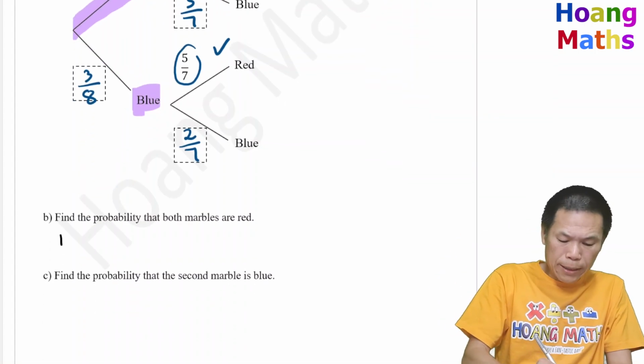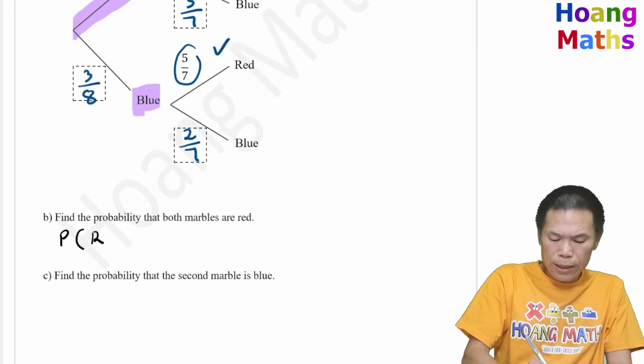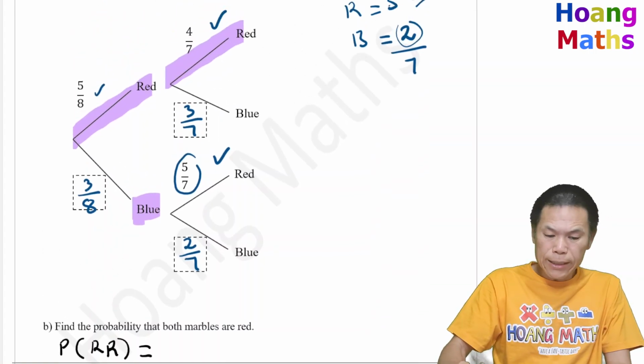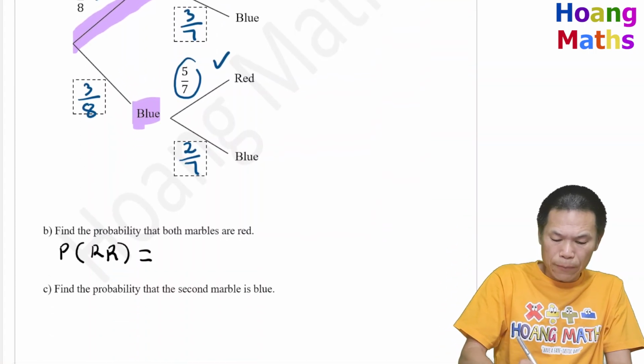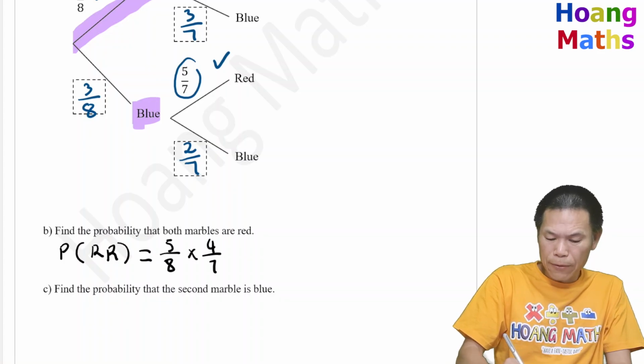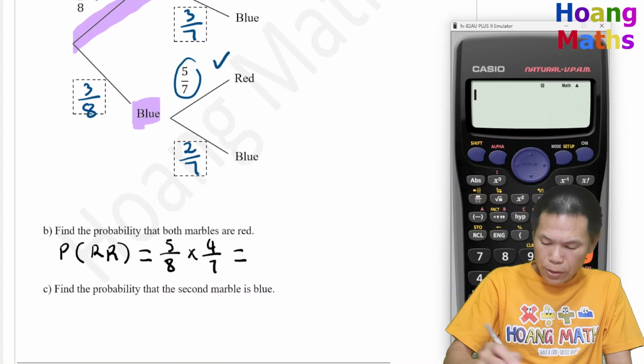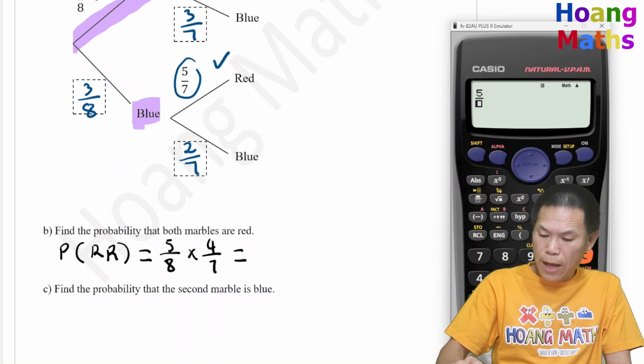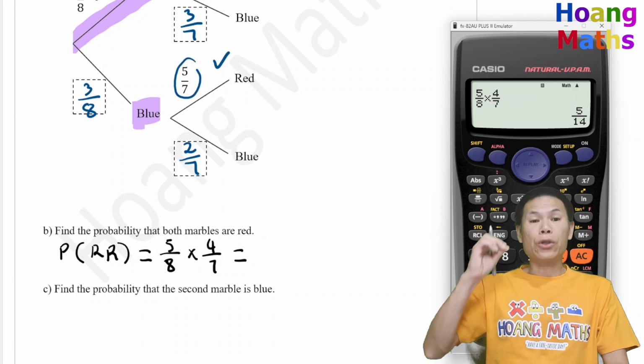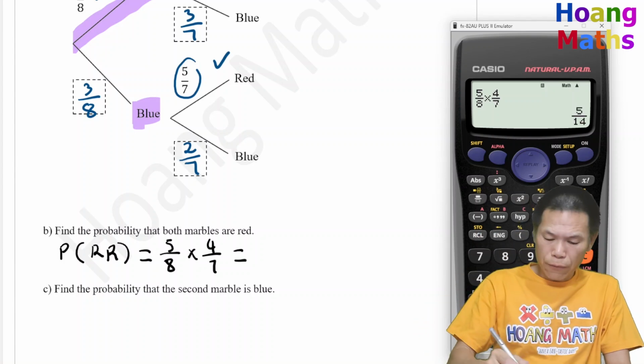The probability of getting a red and a red is 5 over 8 times 4 over 7. So there you go, 5 over 14.